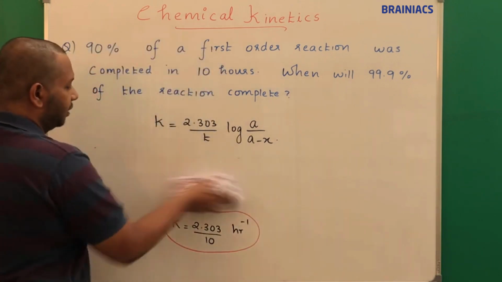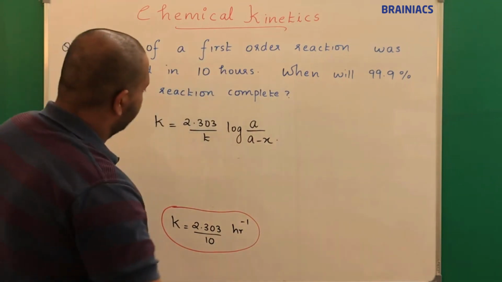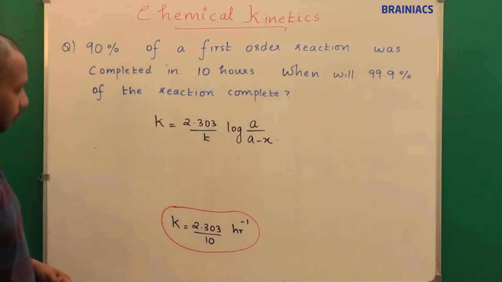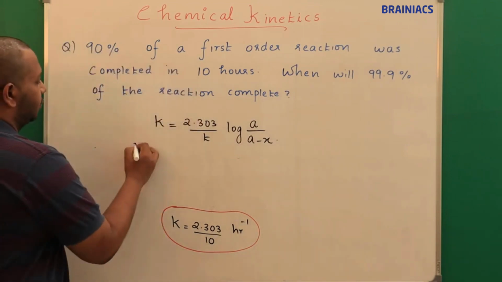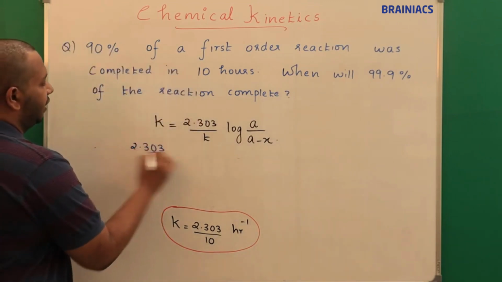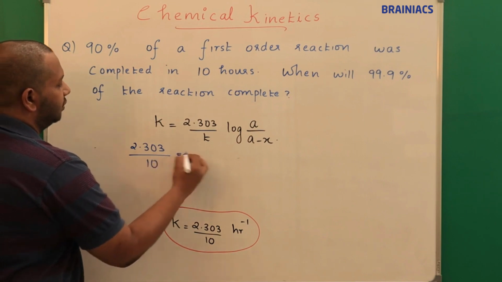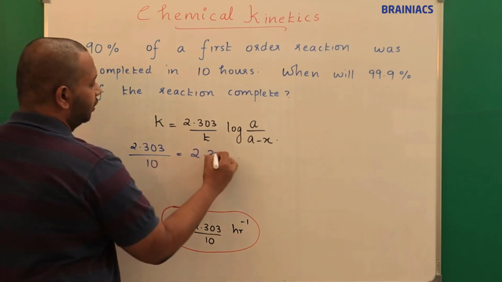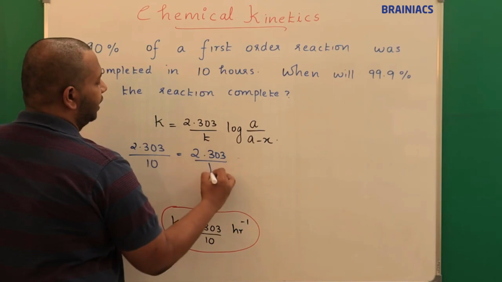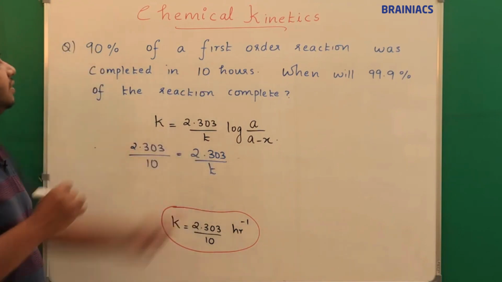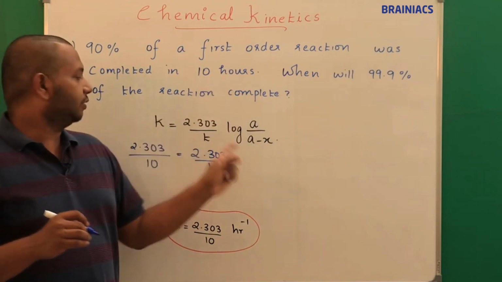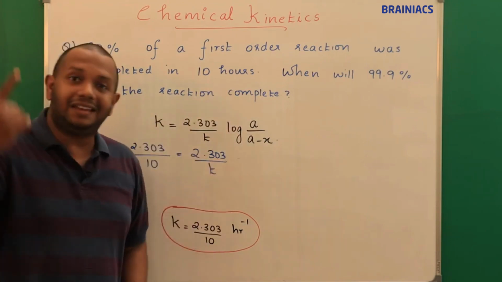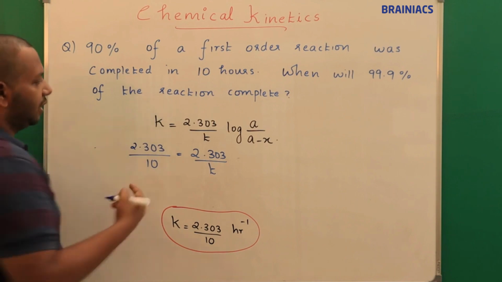I will only remember the k value, which here is 2.303 by 10. So I will put that here: 2.303 divided by 10 is equal to 2.303 by t. So what is this t? This is the time required for 99.9% of the reaction to get completed.